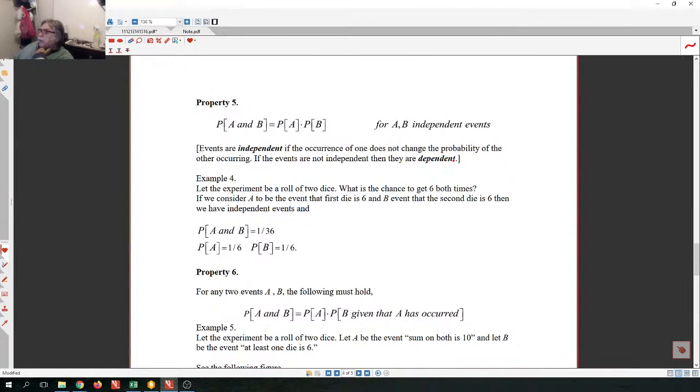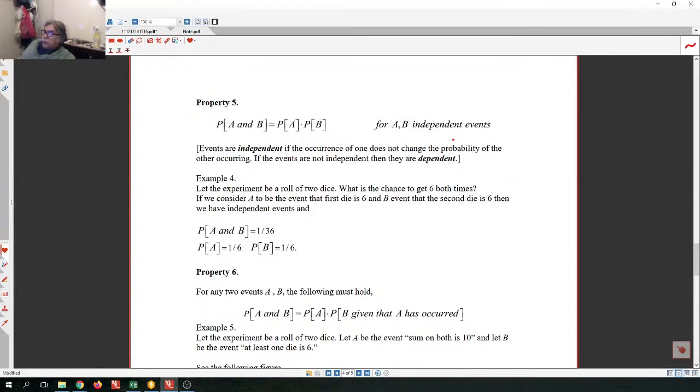Independent events. When you have independent events, well, you need to know what independent means. Independent means that the two events have nothing, not necessarily something in common, or they might have something in common, but they have no influence on each other.